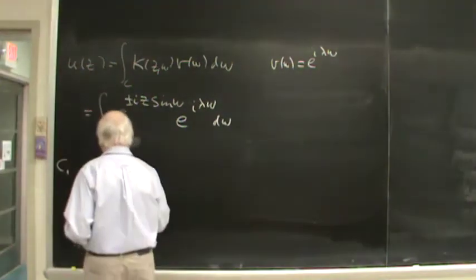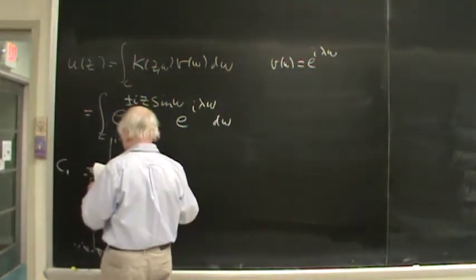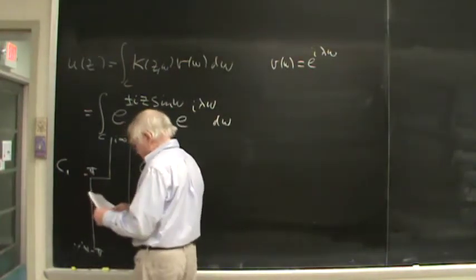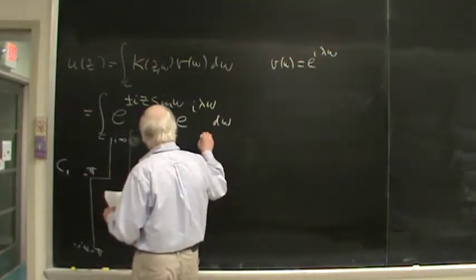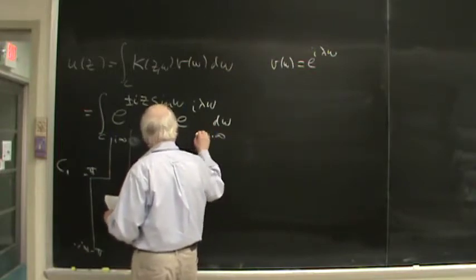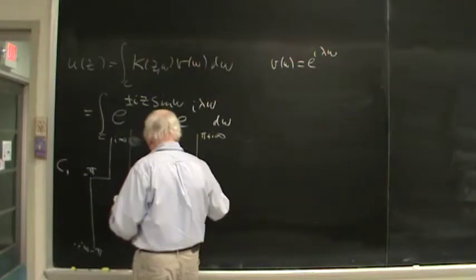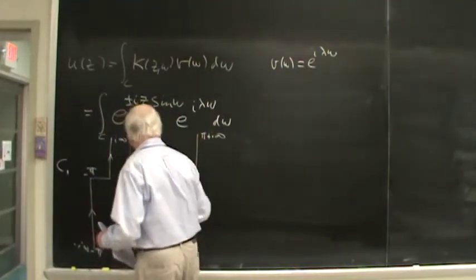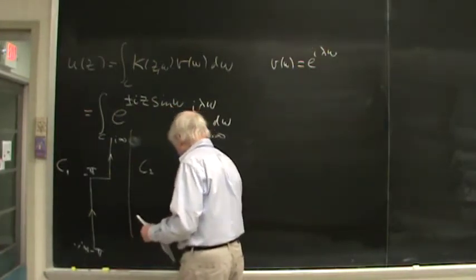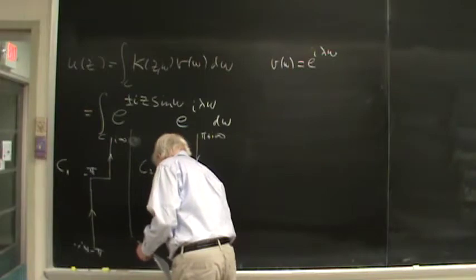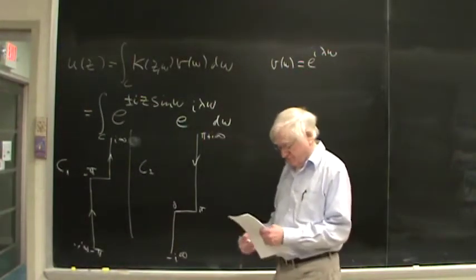C2 runs from pi plus I infinity down to pi, so this one is going this way. This one is going down, goes over to 0, and then goes down to minus I infinity. So these are the two contours.